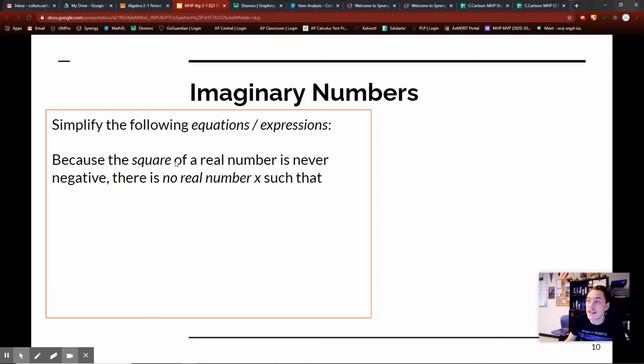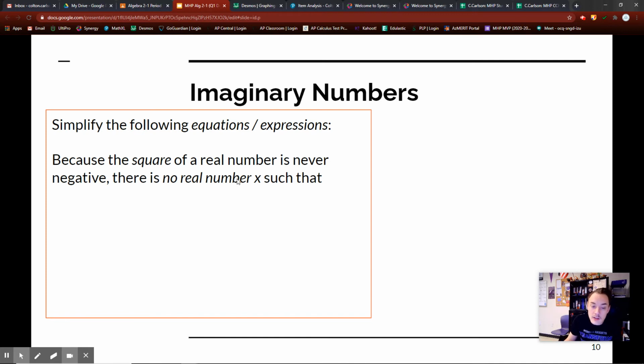Because a negative times a negative gives you a positive, and a positive times a positive gives you a positive. You can have a negative times a positive and get a negative, but when we're talking about square roots, that's not possible, because a square means double. So when I take the double of something, I can never get a negative. I can always get a positive.